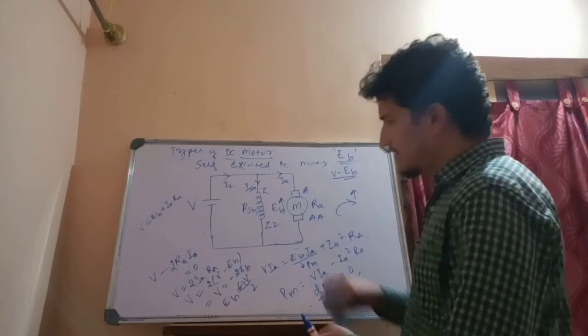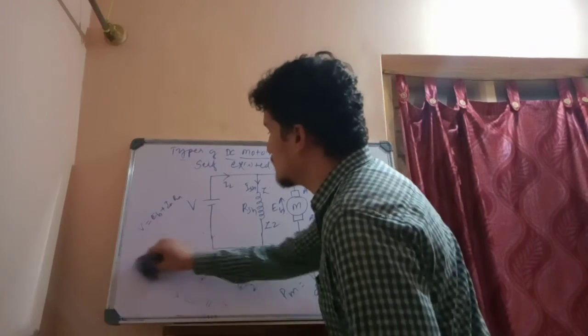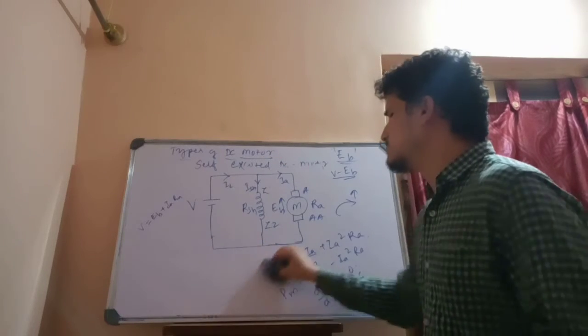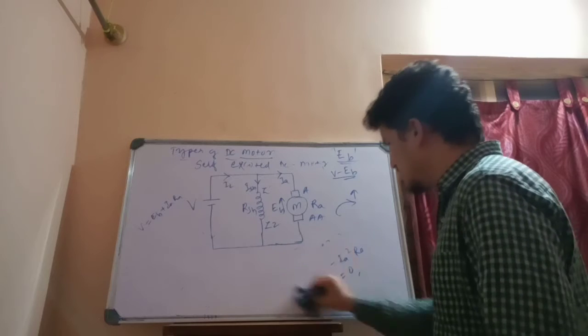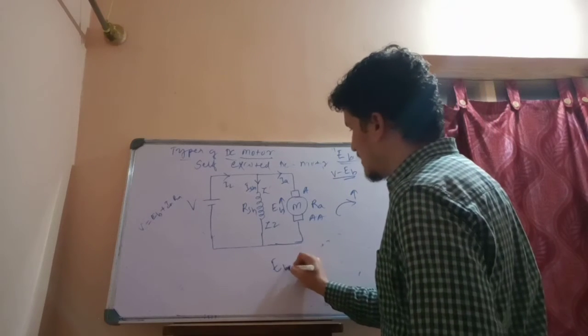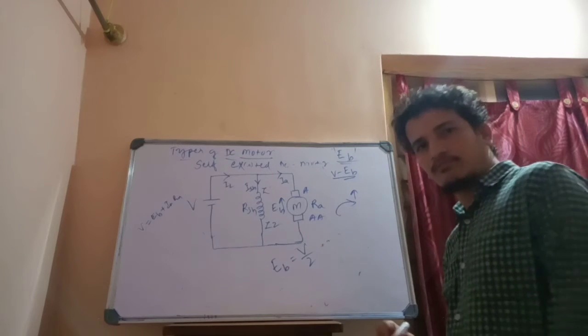What is the inference that you can put from this? The maximum power output in the DC motor can be achieved if the back EMF developed in the armature is half of the applied voltage.